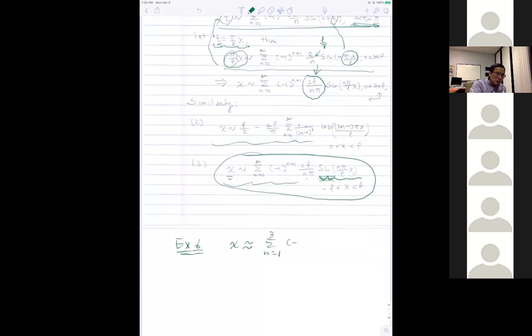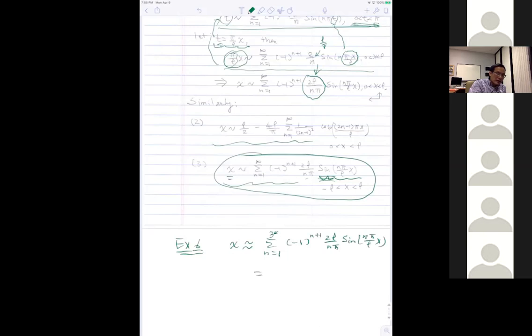This is not exactly equal, but as you let this number get larger and larger, it is going to be a better and better approximation.